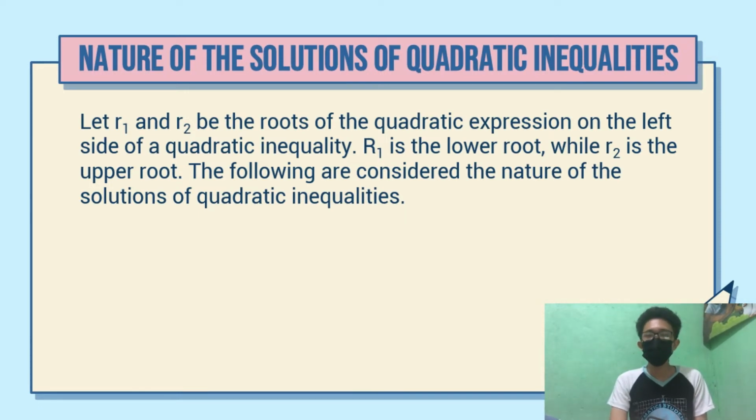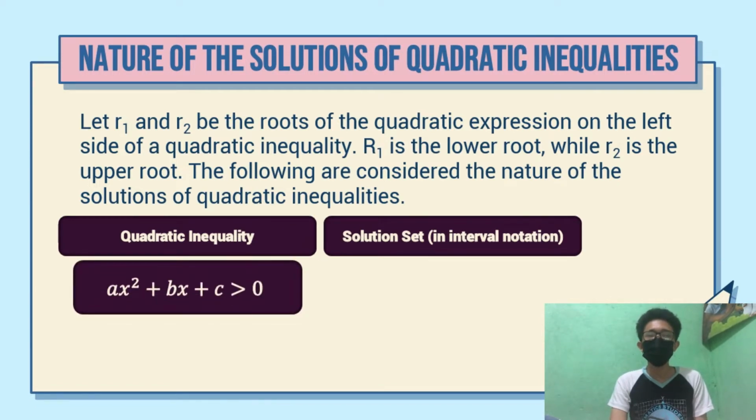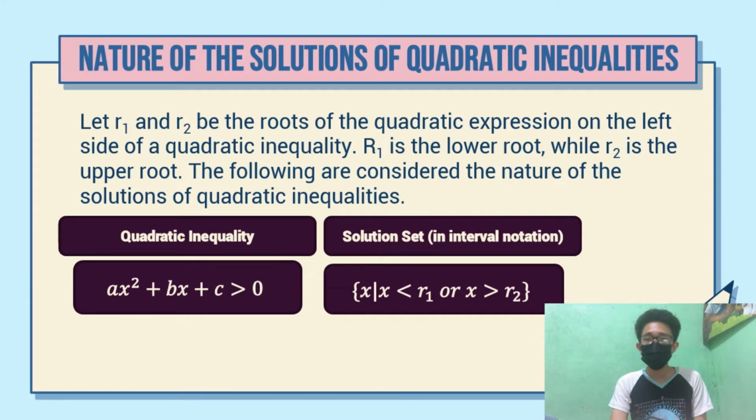Let's say we have ax squared plus bx plus c is greater than 0. Then the solution set will be x such that x is less than R1, the lower between the two roots, or x is greater than R2, given that R1 and R2 are not equal with each other.